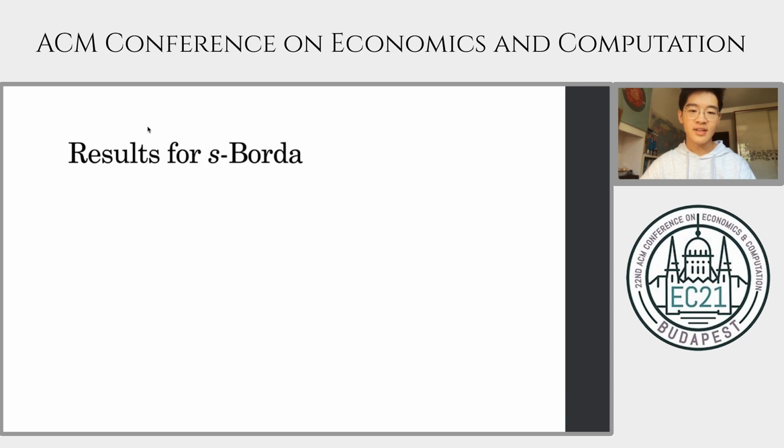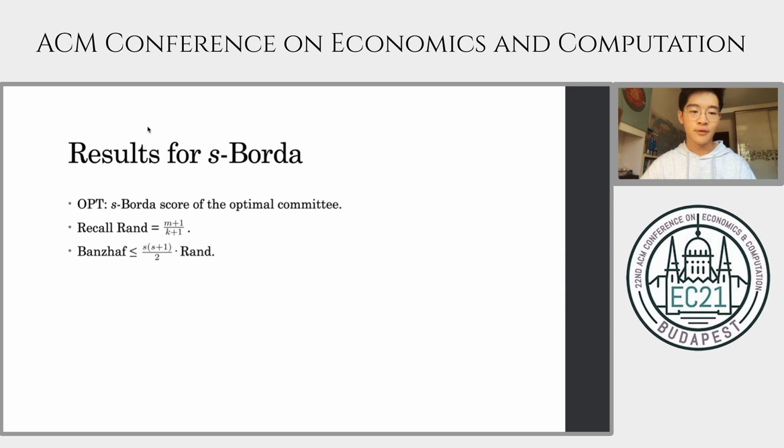The results for the s-Borda score are given as follows. Since most of the results are just generalizations of those in the s-Borda case, we'll discuss it only very briefly. We still use OPT to denote the s-Borda score of the optimal committee, and let rand be n plus 1 over k plus 1. The upper bounds for Benjov and greedy are shown here.